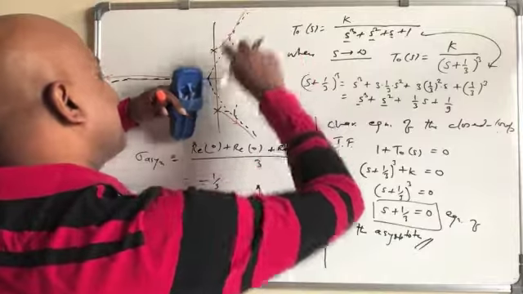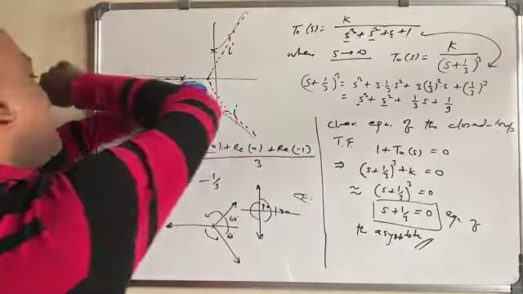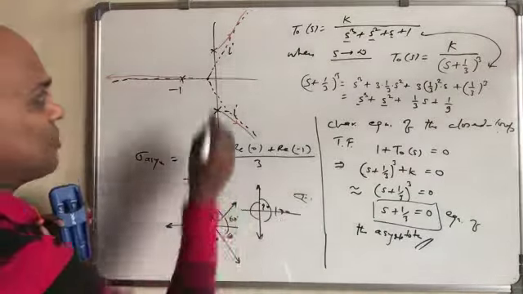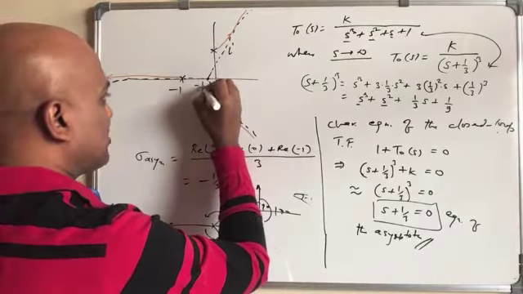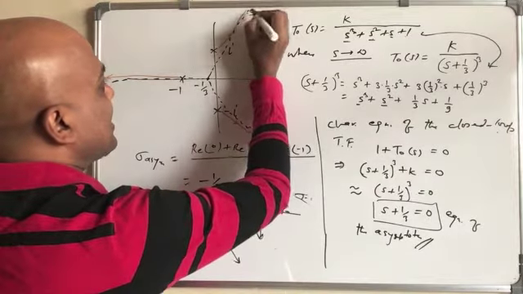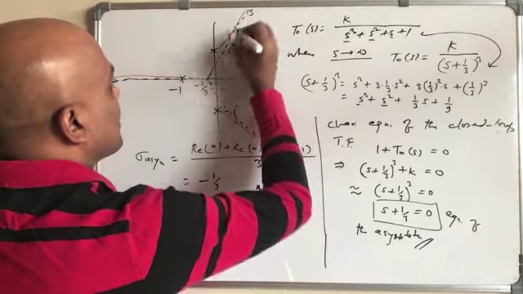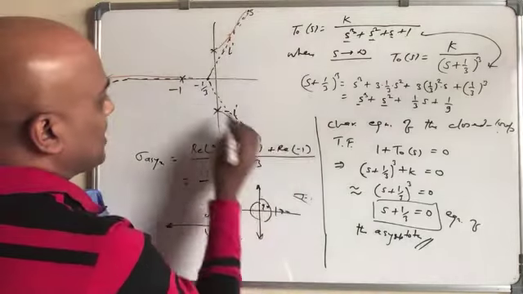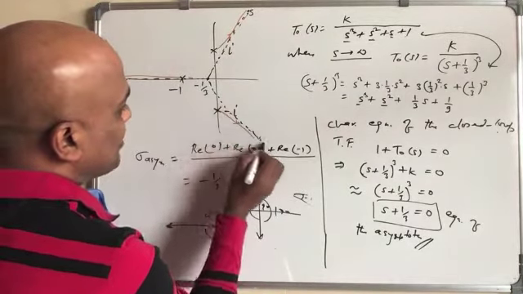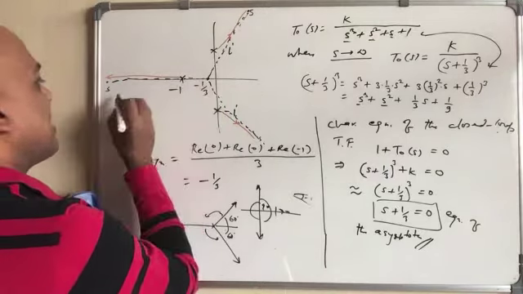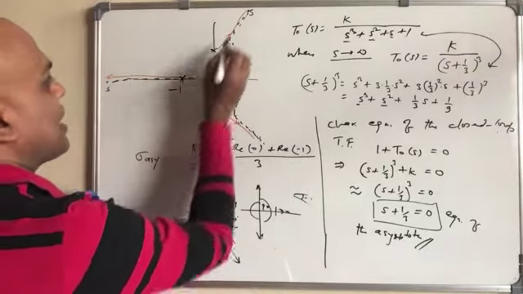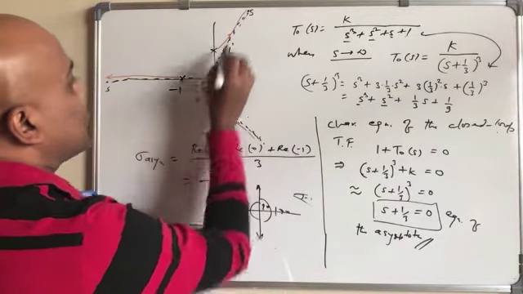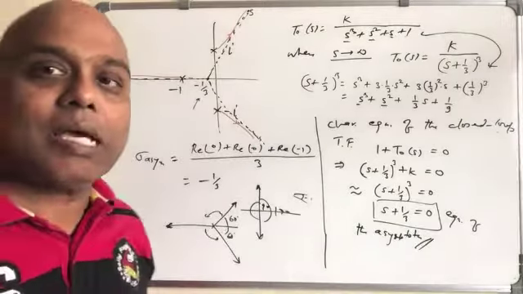So s is here, s is here, s is here. The line which has to be drawn is from minus 1/3 to s. So if s is here, you draw from minus 1/3 to s, and hence the point minus 1/3 is the point where all the asymptotes meet.